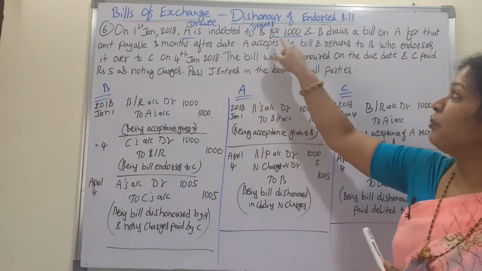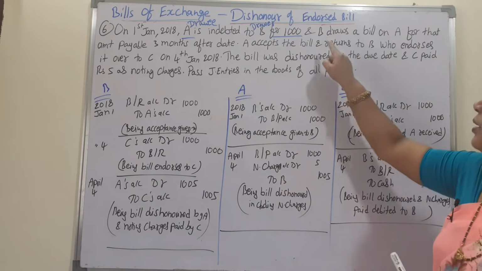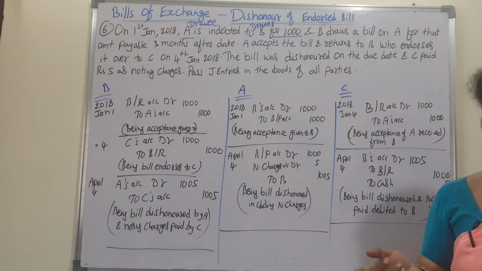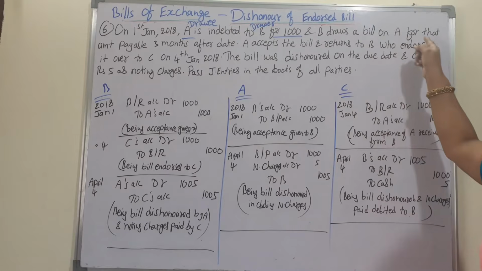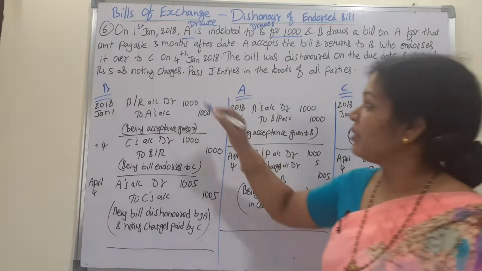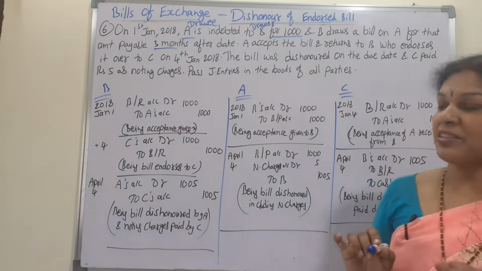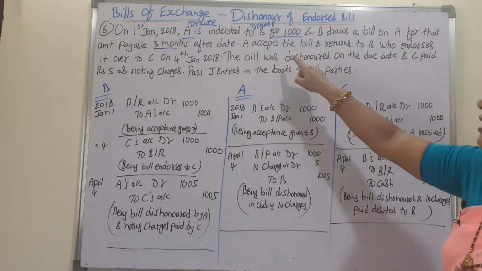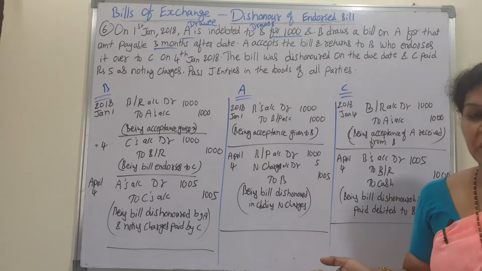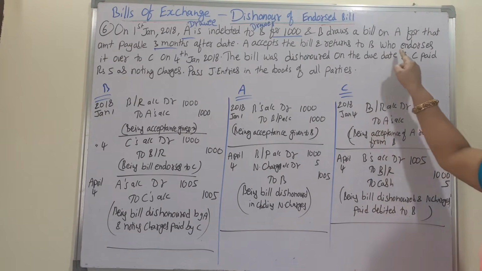B draws a bill on A for that amount, payable 3 months after the date. The bill is for 3 months and A accepts the bill and returns it to B.